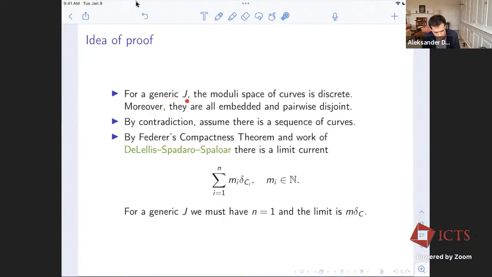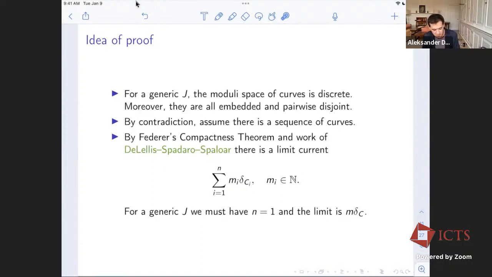In the first step, you choose a generic J, and you can show that the moduli space of curves, meaning the moduli space of simple maps, so not multiple covers and not singular ones, is discrete. And because we're in dimension 6, you can show, something like the Whitney embedding theorem essentially, that all of these simple maps are going to be embeddings, and they're going to be pairwise disjoint.